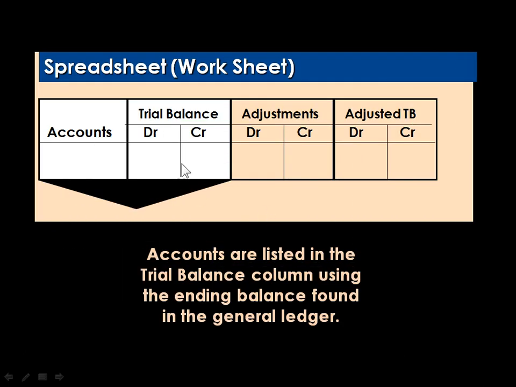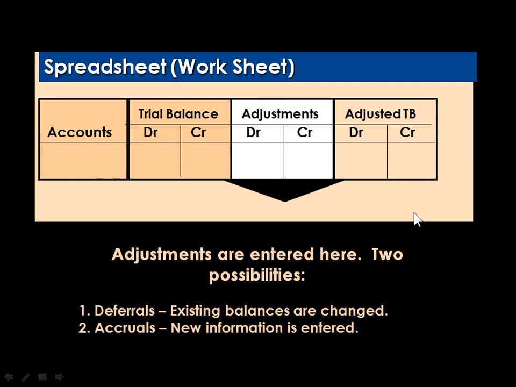The spreadsheet is set up, as I mentioned, where accounts are listed in the trial balance columns using the ending balance found from the general ledger. So these balances come from the pre-adjusted general ledger. Then your adjustments are entered in the two middle columns, and this is where we talked earlier about accruals and accrued expenses, deferred revenue, and whatnot.